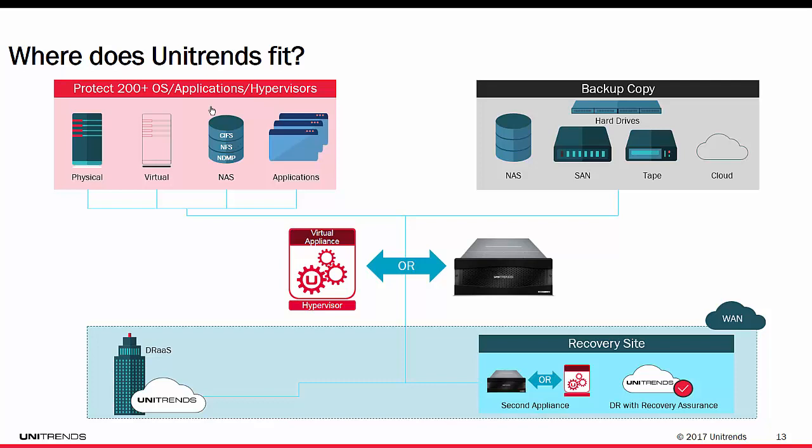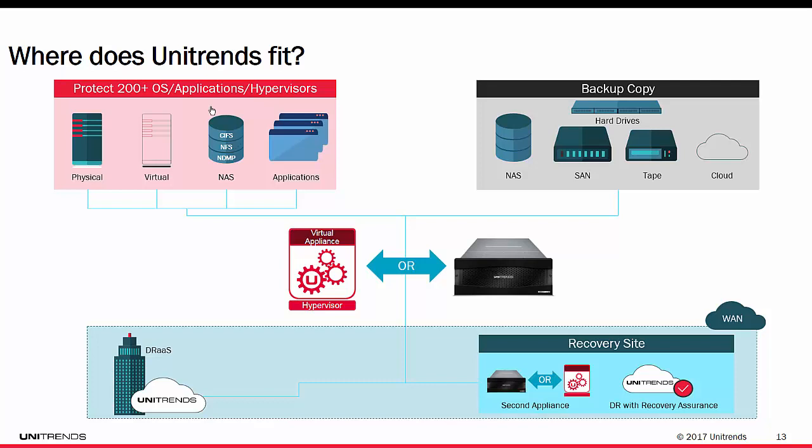If you're doing a backup copy to a hot target, some kind of replication, you can go to your own secondary target, and this can go from a physical appliance to a virtual appliance, physical to physical, virtual to virtual, all the options are there. You can then test your DR capabilities using our recovery assurance, whether that is a local recovery assurance where you're doing it when you took the initial backups or at the secondary site.